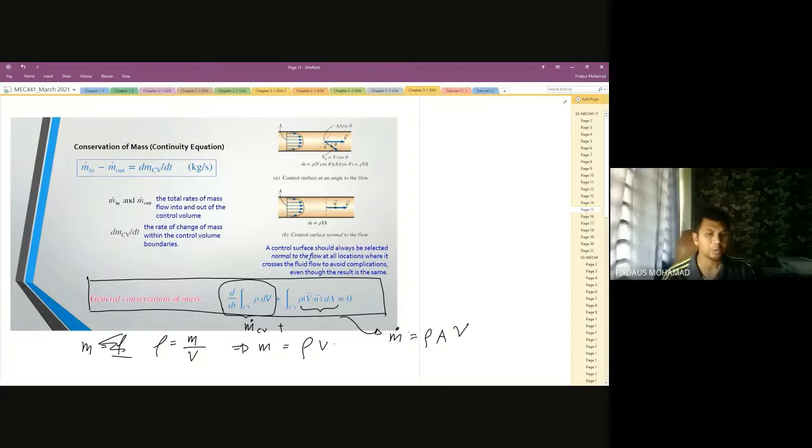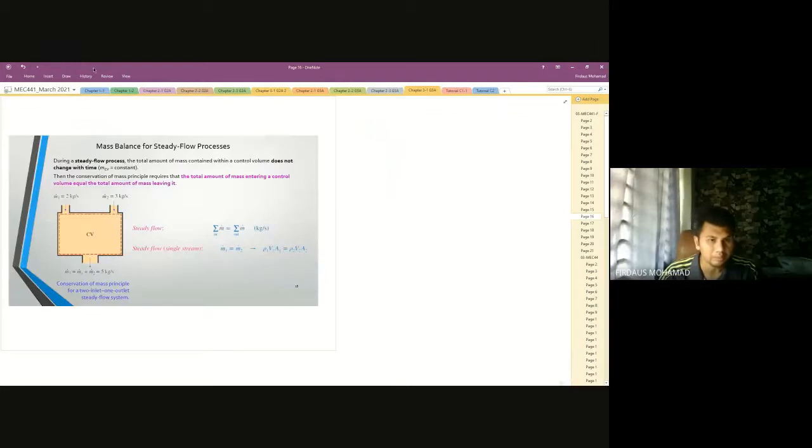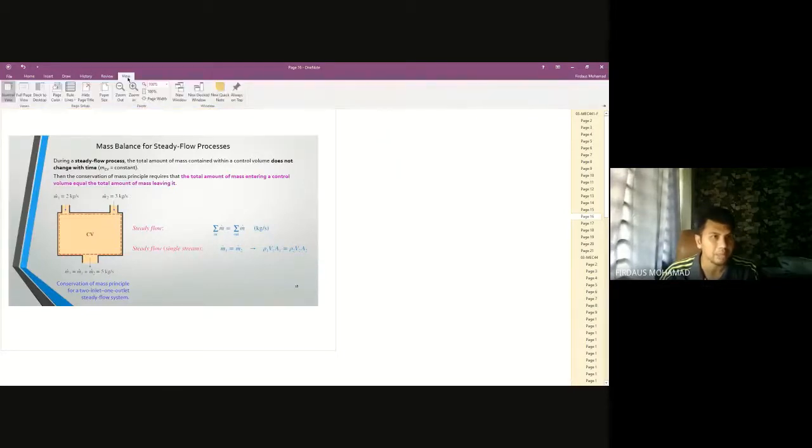Okay? So based on the general conservation of mass, we can come out with a very simple equation in order to solve for our control volume. What do I mean? We look at special cases, case by case.